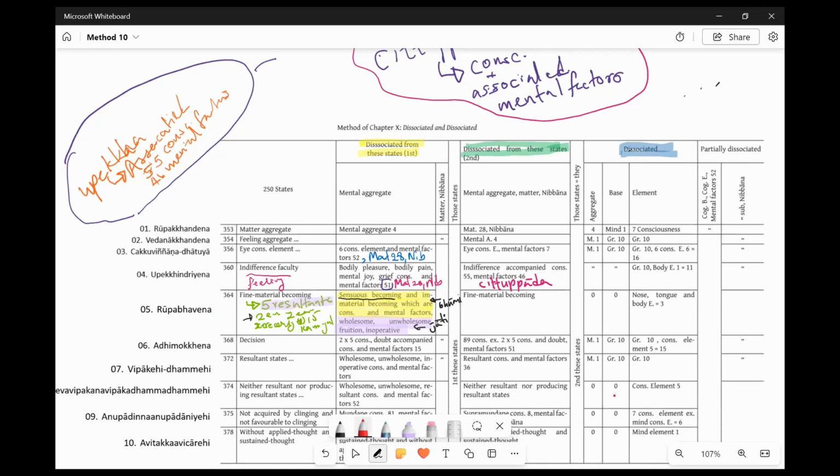So what is dissociated from fine material becoming? That should be sensuous becoming and immaterial becoming, wholesome, unwholesome, fruition, inoperative, and whatever appears in the first dissociated states.